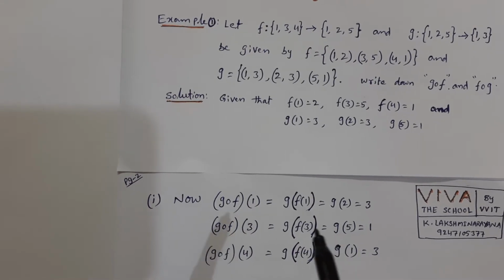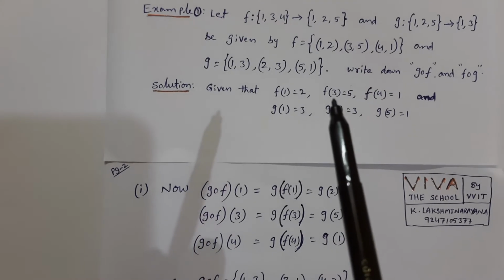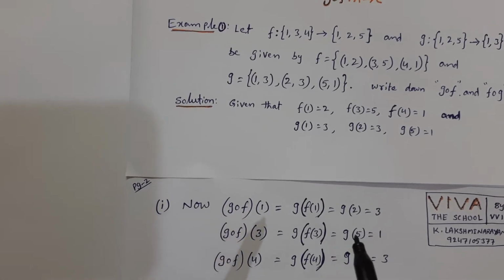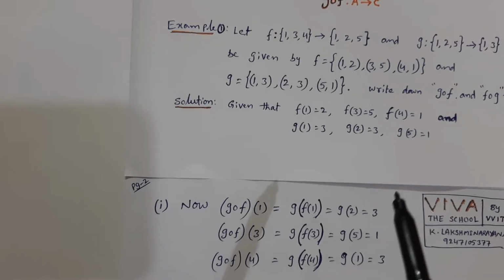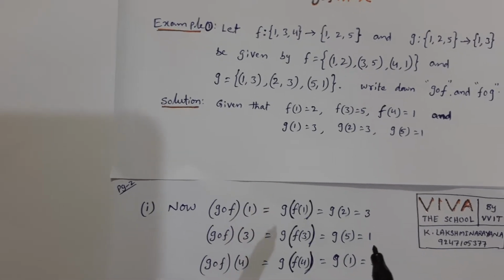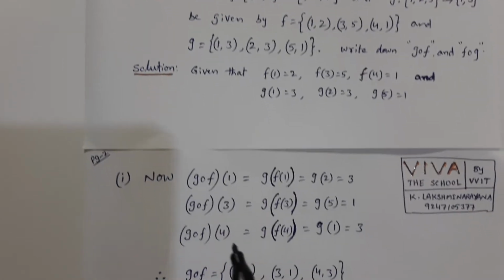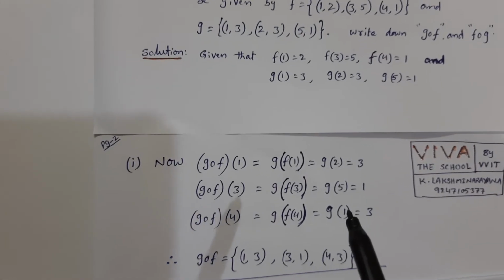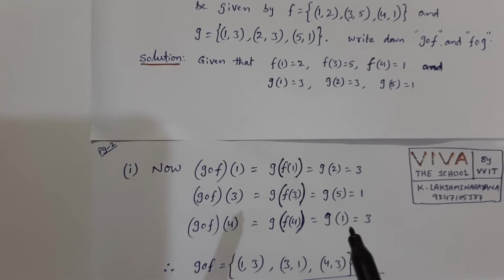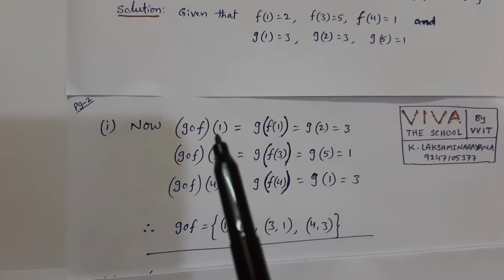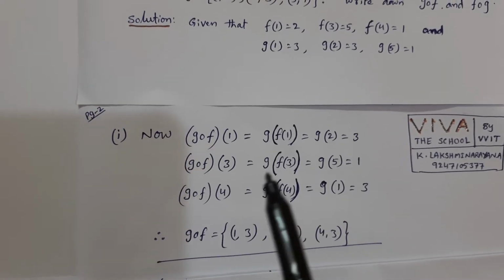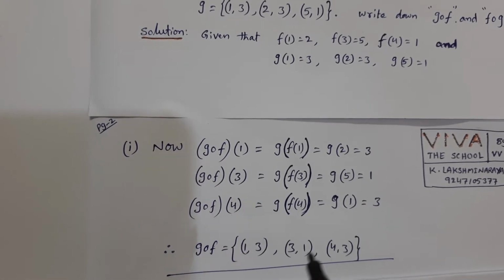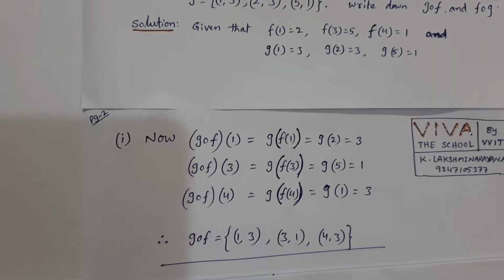F of 3 is equal to 5, so substitute 5: g of 5 equals 1. Now g circle f of 4 equals g of f of 4, that equals g of 1, that equals 3. Therefore g circle f equals the ordered pairs (1,3), (3,1), (4,3).